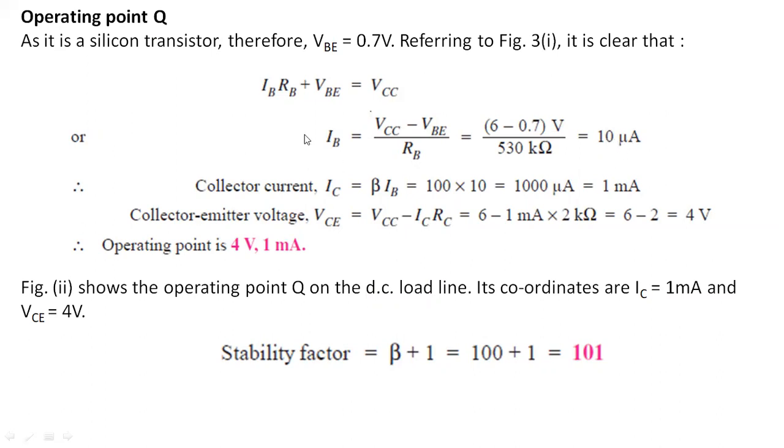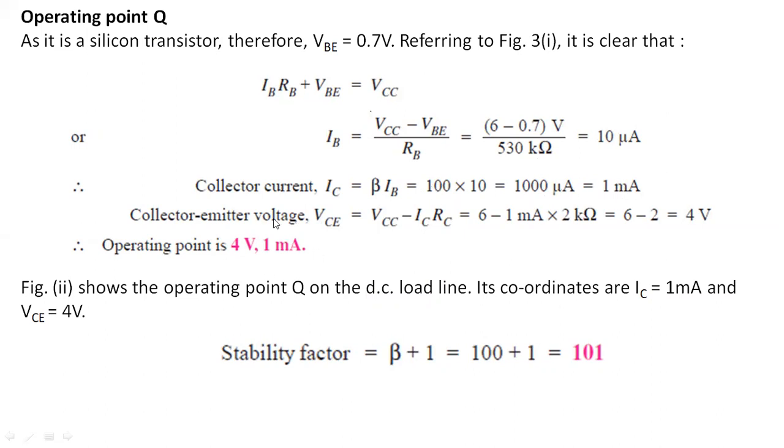Now, for this value of IB, we calculate the value of IC. The collector current equals beta into IB. After putting in the values, we get 1 milliampere.